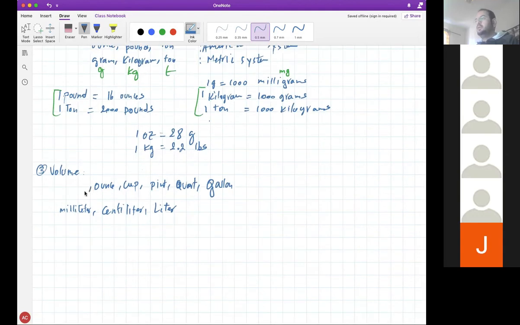And here, before ounces, we have tablespoons. Tablespoons, then ounces. Tablespoon, again, let me just double check, 1 ounce, 2. That's right.